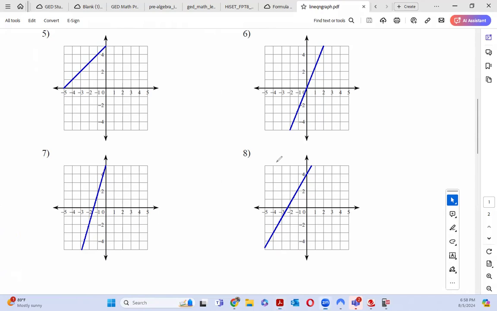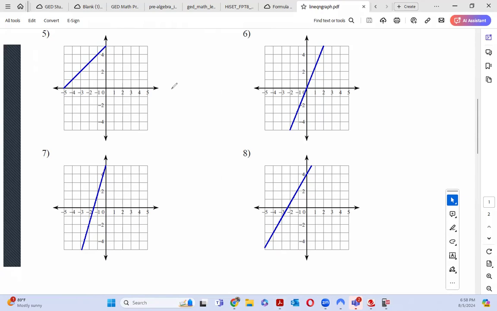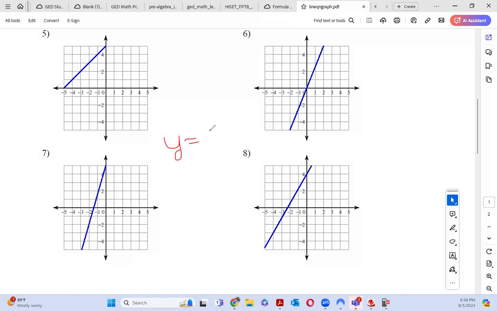And I'm going to say, let's see. Okay. So I have an equation, y equal 7/4 x plus 4.